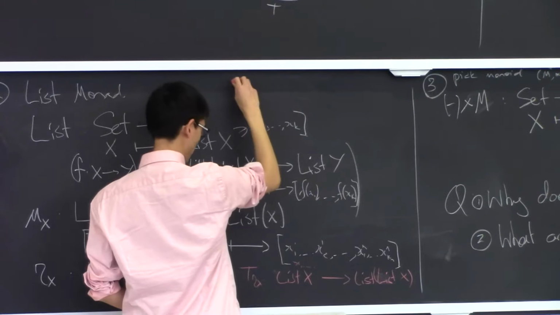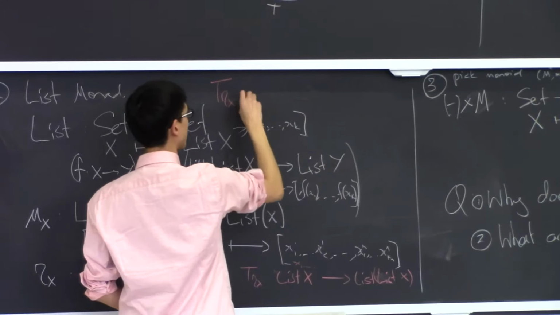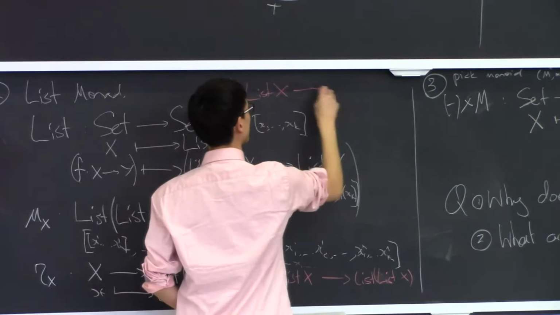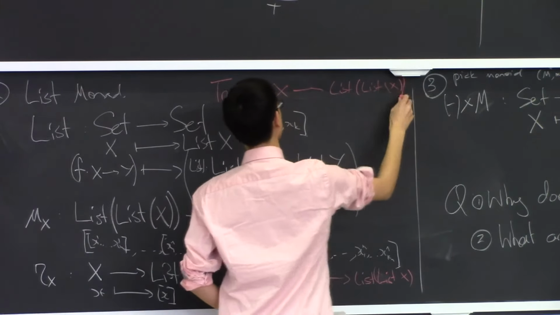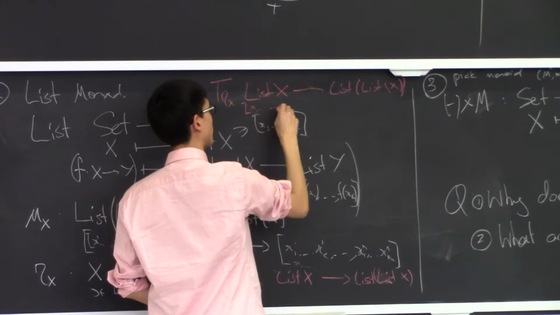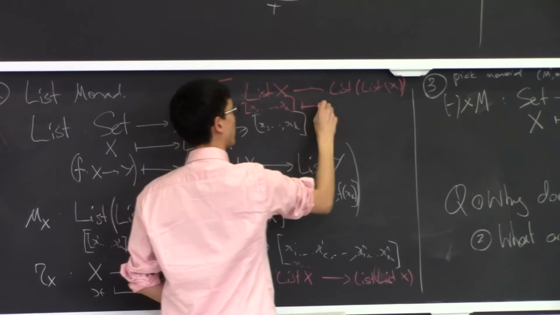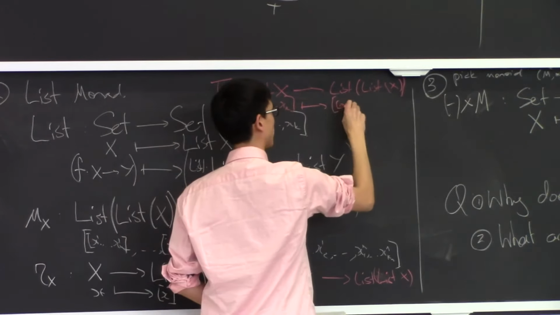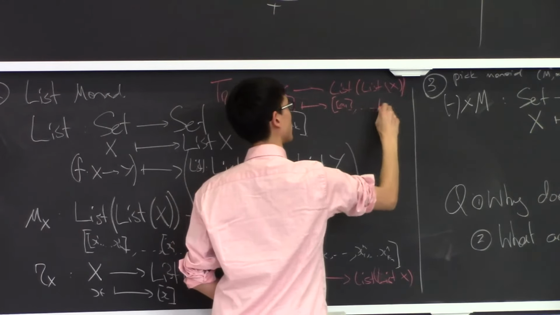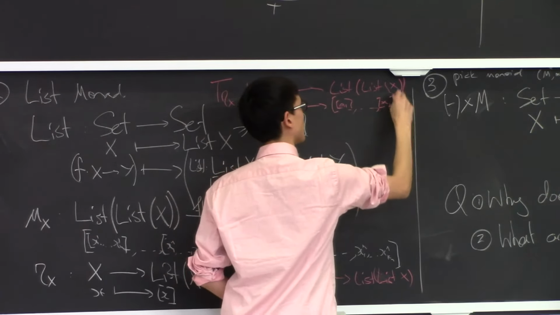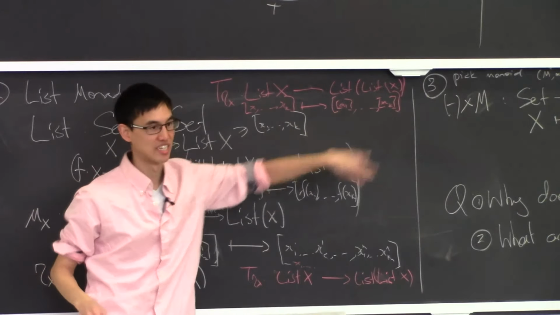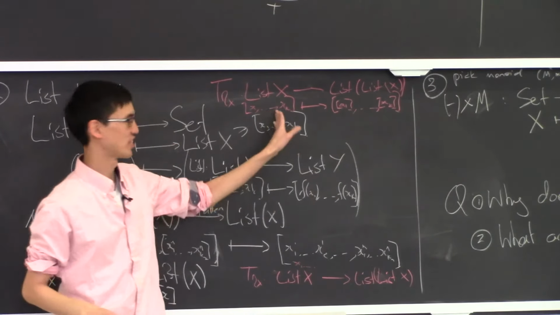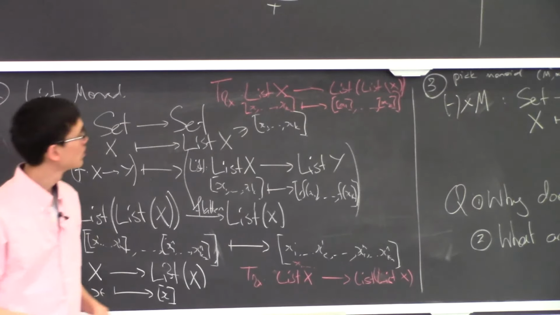So this map T eta x from list of x to list of x takes this list x1 to xk and wraps each individual element in a singleton list. And then you might be able to see that when you flatten that out, you remove these inner brackets, and so it just goes back to how it started, right?